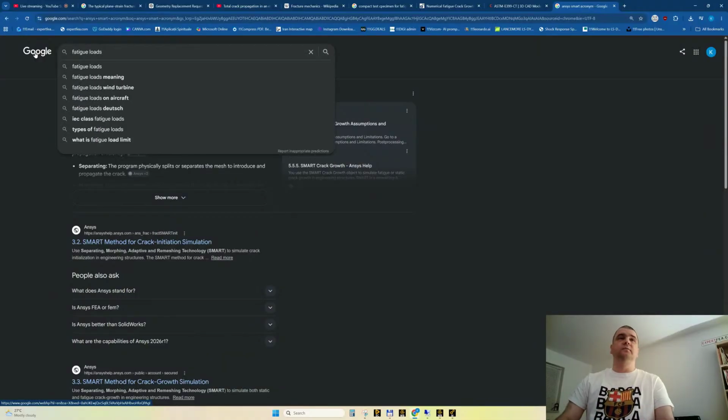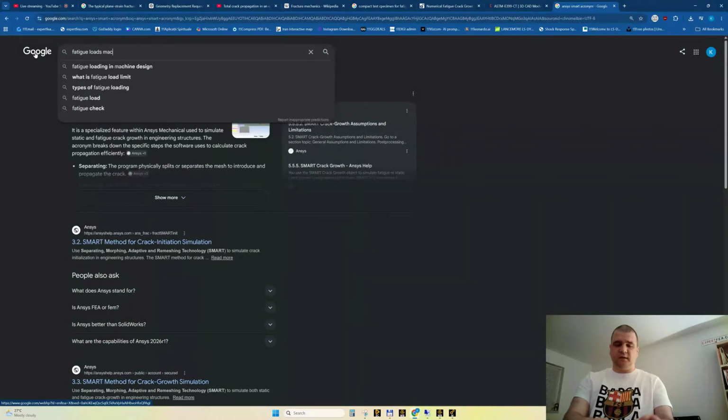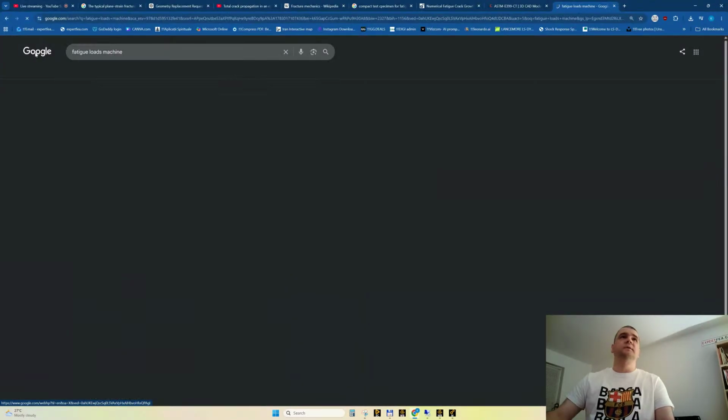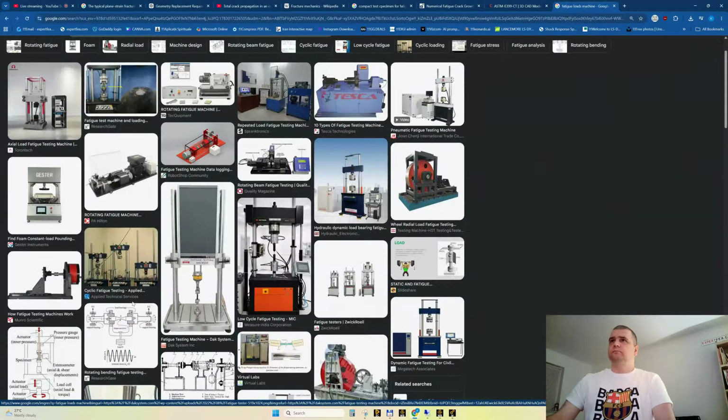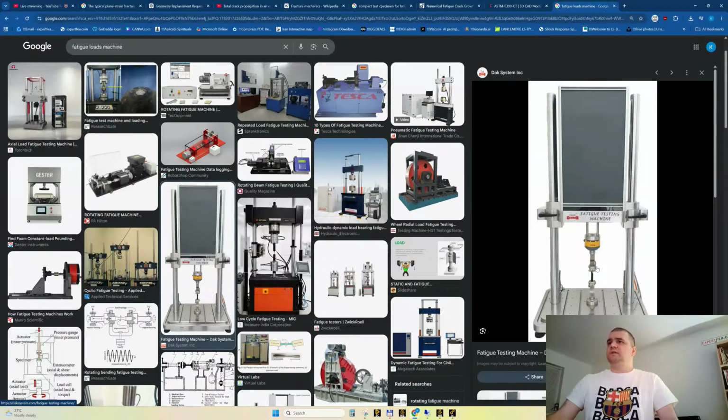Fatigue loads, machine, apparatus. Let's see if there is a machine or something. Yeah. So one part is fixed, this one, and this one is pulled. And a certain load, not very much, I don't know, 10, 100 newtons, 1 newton is being applied, is extended, yes.